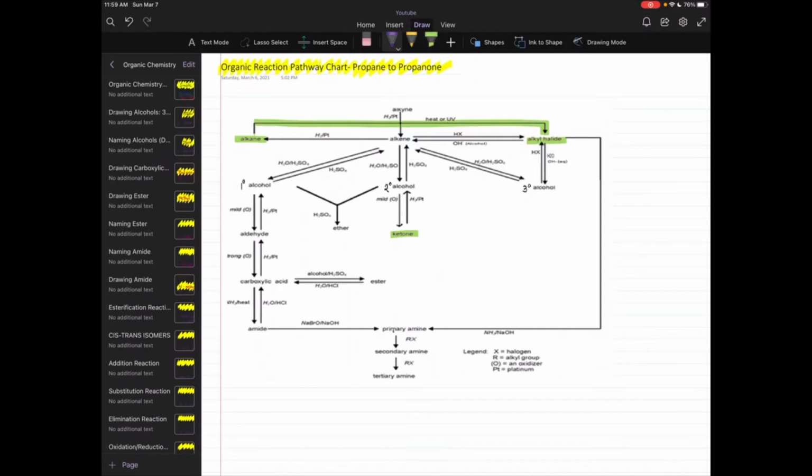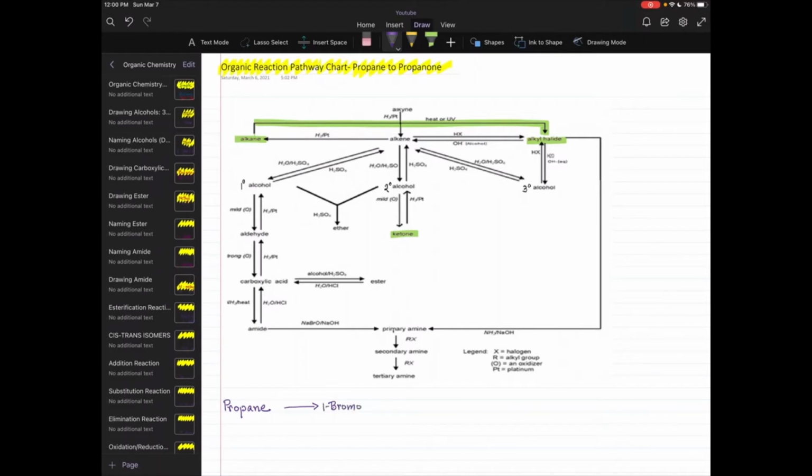Our alkane here is propane, so I will write propane at the bottom. Our propane is going to be converted into an alkyl halide, but to do this we have to add heat and we will have to add a halogen. This is going to convert into an alkyl halide, and let's say it was HBr we were adding, so it will have bromo.